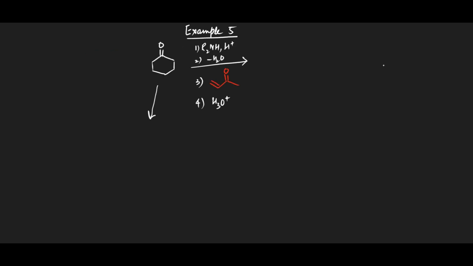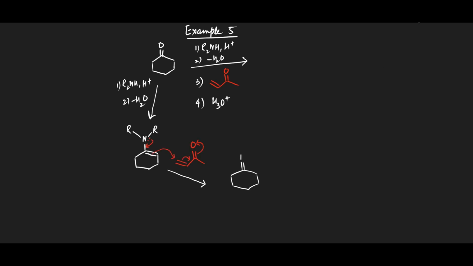In this example, the ketone is first converted to an enamine upon treatment with a secondary amine. The enamine, we know, adds reversibly to give conjugate addition product. Thus, the enamine adds on the beta carbon of the alpha-beta unsaturated ketone to form an intermediate that is both an iminium ion and an enolate ion.